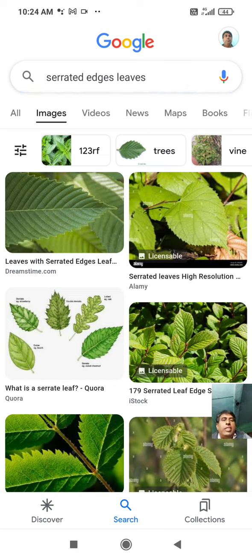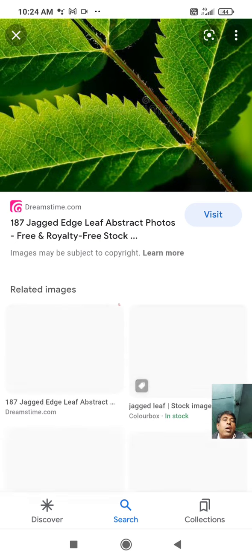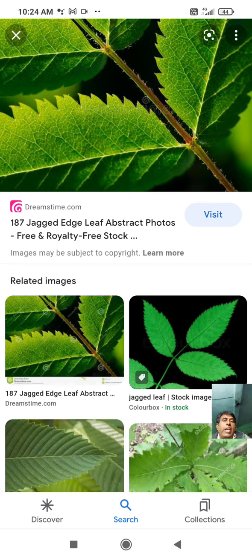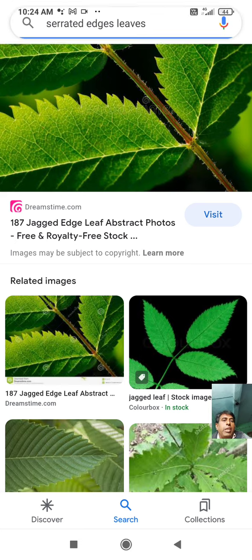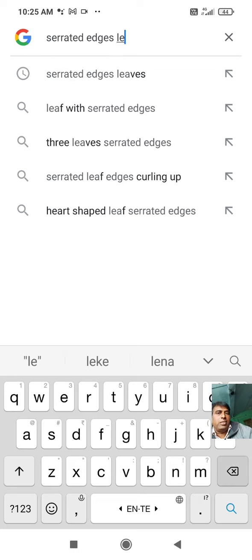So this is called serrated leaves. So you understand the serrations means the edges are in that way, like the leaves has the serrations. So those are called serrations, serrated edges. So if the cloth has something like that edges, then it is known as serrated edges.